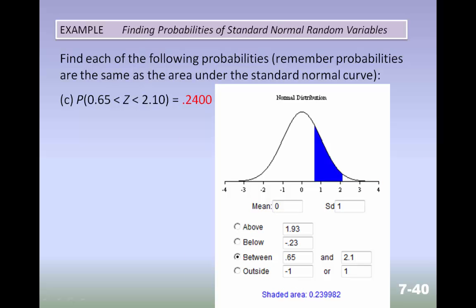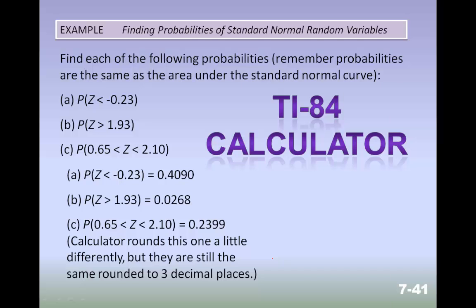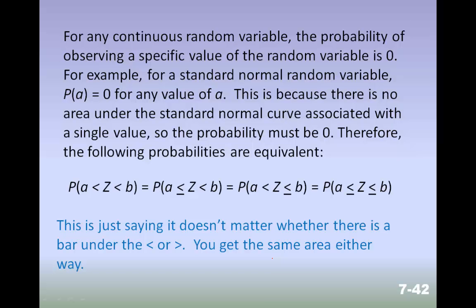And the probability that you have a z between 0.65 and 2.10, use between, and the probability is the same as the area, so it's 0.239982.